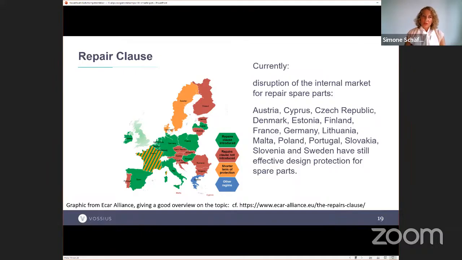And with regard to the repair clause, the European market is not yet harmonized. This will come when the directive comes into force, and after a certain transition phase, we will have a harmonization. I'm not sure about this transition phase, it can be 3 years, 5 years, 10 years.